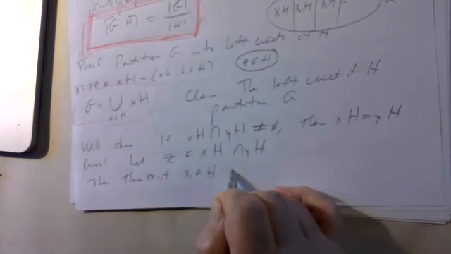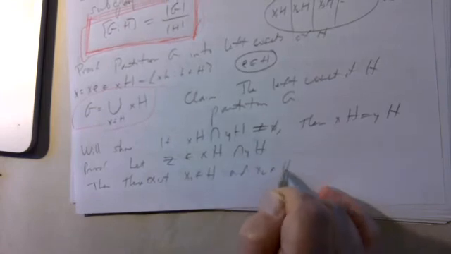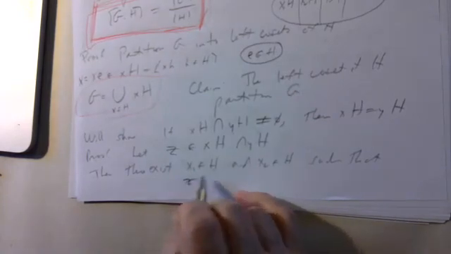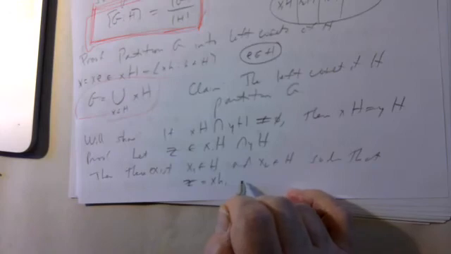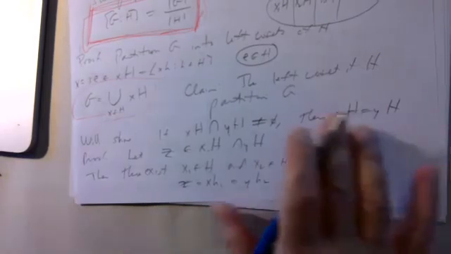That means there exist h1 in H and h2 in H such that z, it's in this left coset, so it's xh1, and it's in this left coset, so it's also yh2. Let me repeat that on a clean piece of paper.